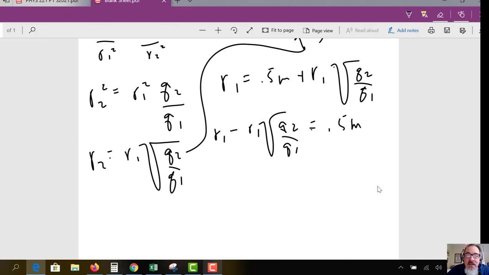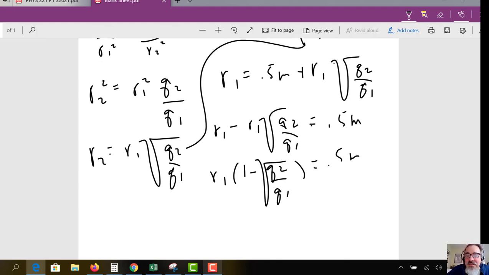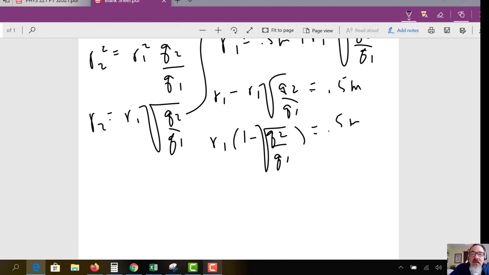And then I could factor out an R1. R1 times 1 minus the square root of Q2 over Q1, don't forget the radical there, is equal to 0.5 meters. And then divide both sides by the thing in parentheses. So R1 is equal to 0.5 meters divided by this whole thing: 1 minus the square root of Q2 over Q1.